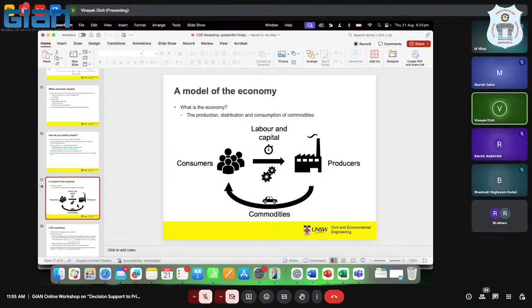But also then you have households. The households are the consumers of these products coming from the industries, but they also provide labor to the industries, and in turn for the labor they provide money. So households provide two things to industries, to producers. One is labor, the second is capital. What is capital?